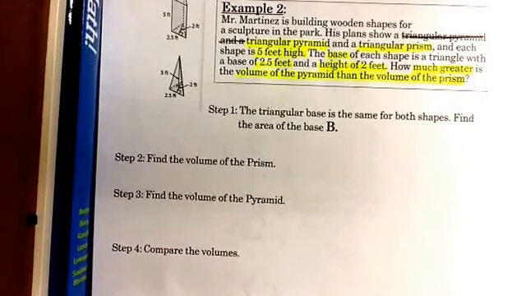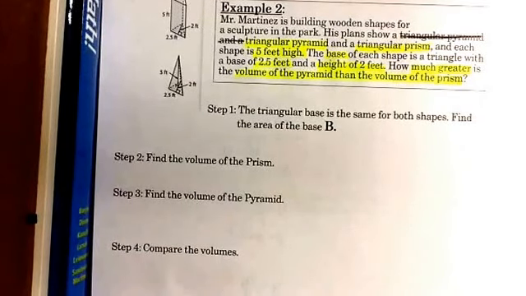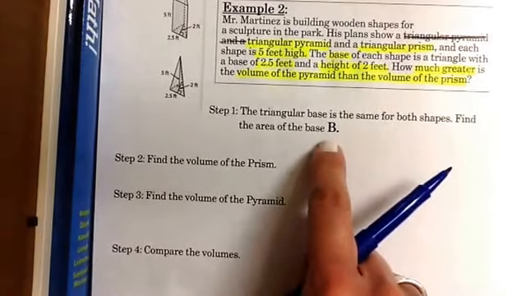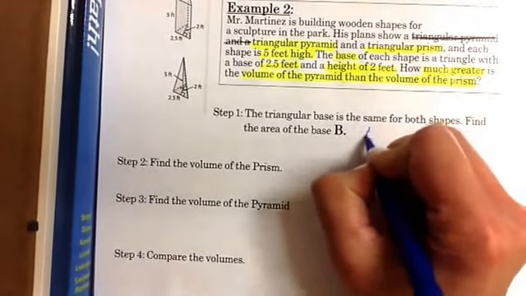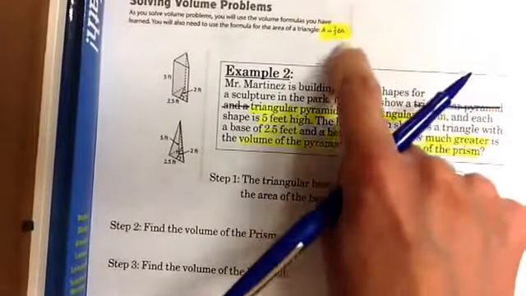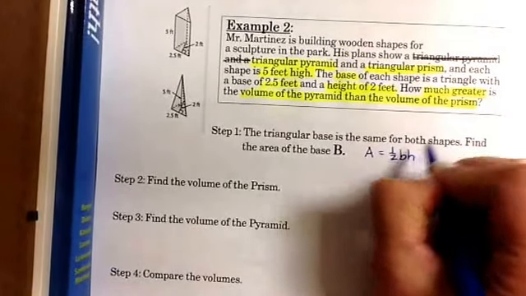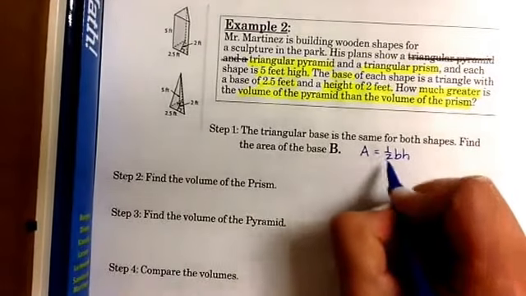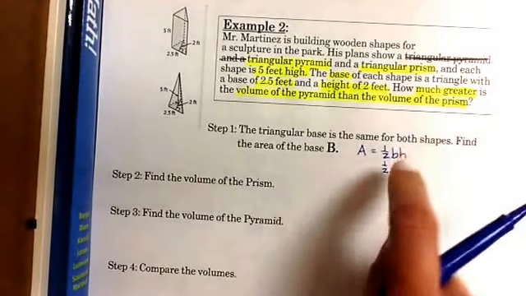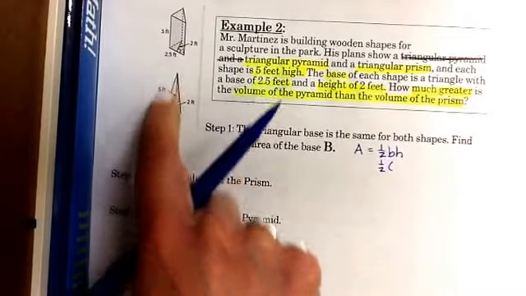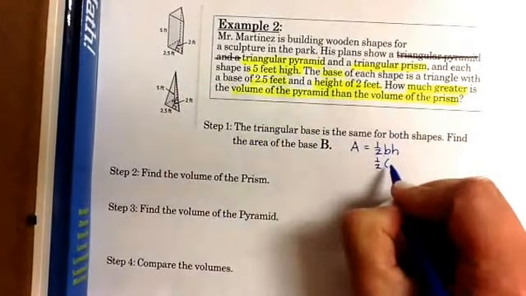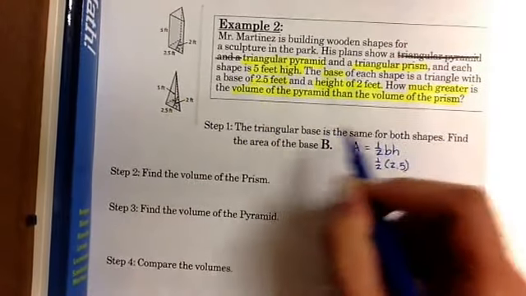Step 1 is asking us to first find, since the triangular base is the same for both shapes, the area of the base, the capital B. So remember that that's a triangle formula, and that's why they warned you up here. We're going to need that. So 1/2 base times height, which is on your star chart as well. 1/2, if I plug in the base of my triangle, that's the 2.5, same on both, times the height of my triangle.